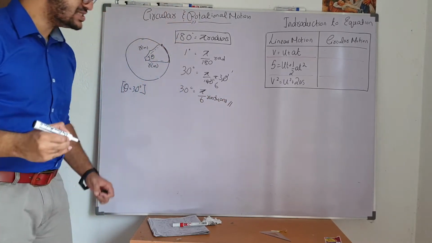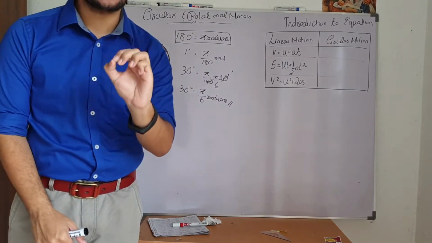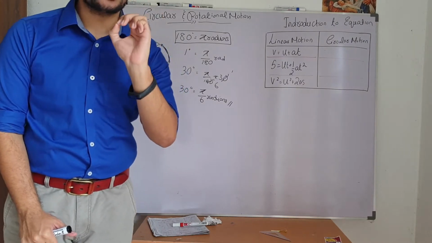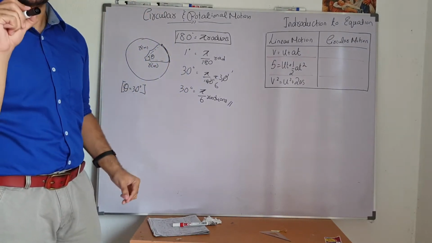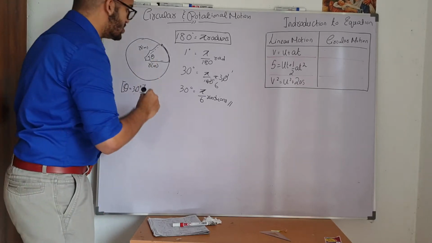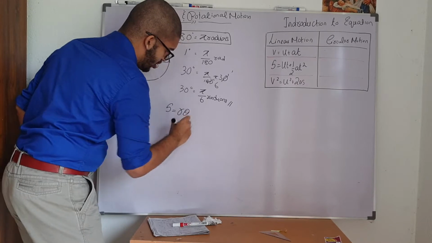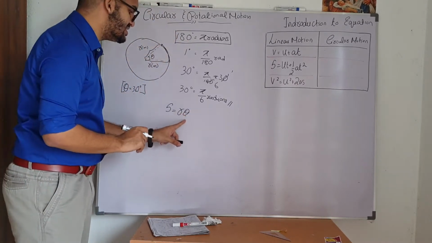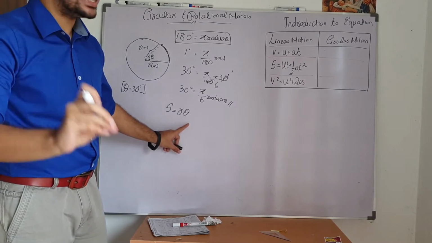Next, you should consider how you are going to find the circumference of this part of the circle. We denote it by a simple equation, which is S equals R theta. Always remember that this theta value is not a degree value, it's a radian value.